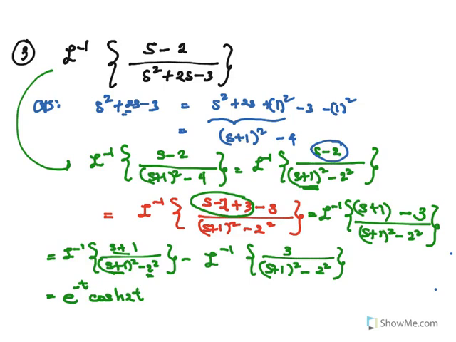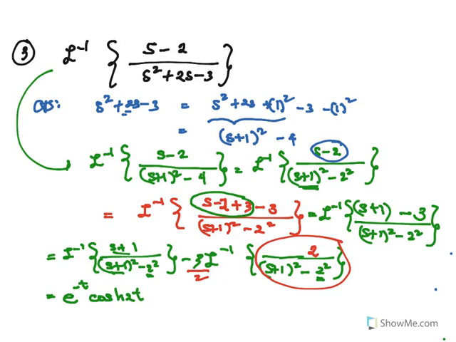For the second term, we can bring this out actually, no? Because our k here is 2, so we need the numerator to be 2 also. But you have here 3. So what I do is I multiply here 2. The 3 we can just bring out here, and then multiply 2 inside and then multiply 1/2 outside, such that this thing here, 2 over s plus 1 squared minus 2 squared, will yield sine kt.